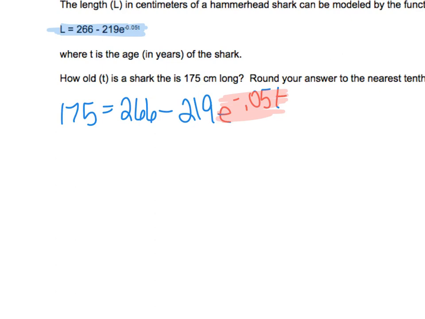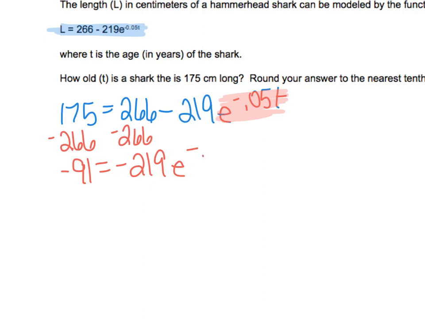In order to do that, I'm going to subtract 266 from both sides. And I get negative 91 equals negative 219 e to the negative 0.05 t.